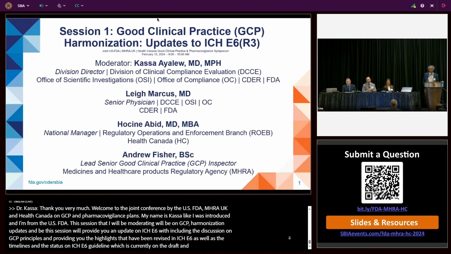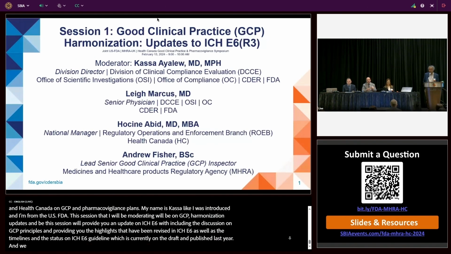We'll also touch upon Annex 2, and as Dr. Cavazzoni stated, that is additional consideration on conducting interventional clinical studies using decentralized elements and real-world data, as well as those that contain pragmatic features.